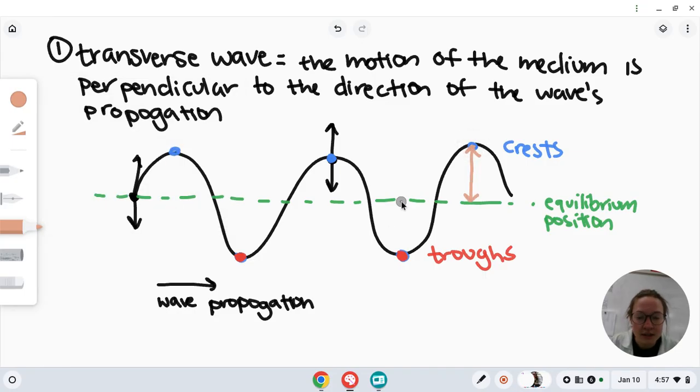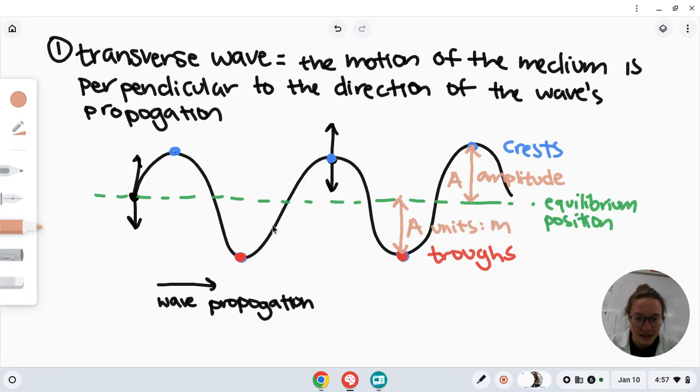Or alternatively, from the equilibrium position to the trough, like this. Both of these distances represent the amplitude, or the height of the wave. We represent the amplitude with the capital letter A, and the units of amplitude are meters because it's a height.